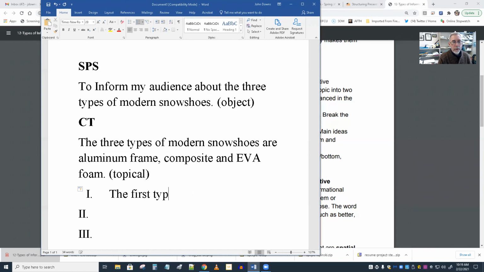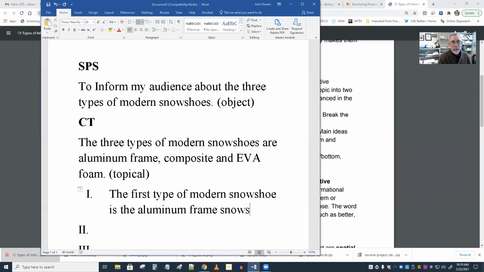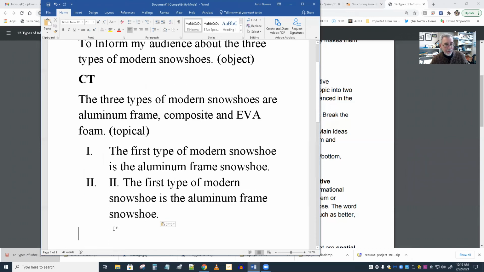And do you remember how we would next build our main ideas? Remember, our main ideas would be Roman numeral 1, 2, and 3. There are three here. And I'm going to put a period after each one. And that one's screwed up now. Okay, of course it is. All right.